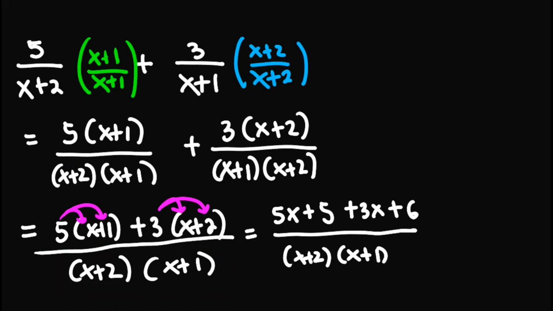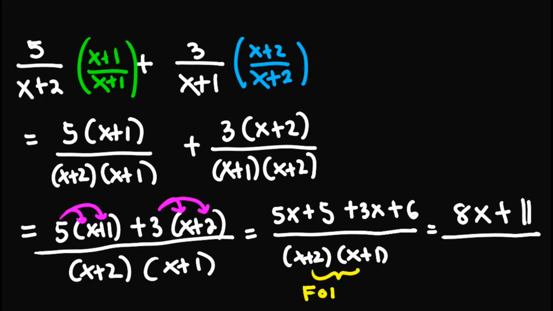When simplified, this becomes, for the numerator, combining the like terms, 5x plus 3x is 8x, plus 5 plus 6, that is 11. All over, you can apply the FOIL method out here, and the denominator will be x squared plus 3x plus 2. And that is the answer for this one.